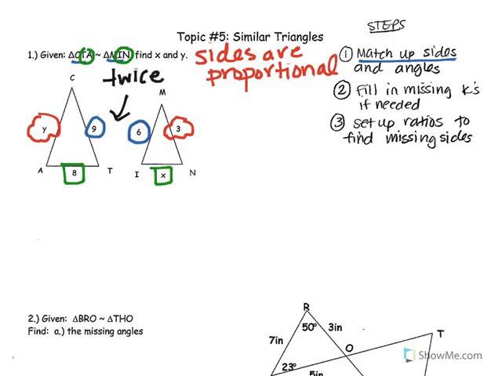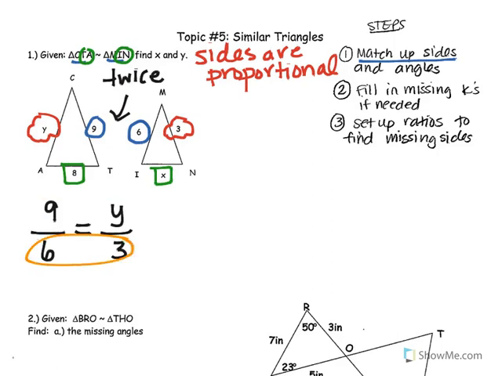So the ratio that I know is that the ratio of the sides is 9 to 6. Now if sides are proportional, the ratios have to be equal. So the ratio 9 to 6 has to be equal to the ratio of another side, y to 3. Be very careful, make sure that both of your numbers in the numerator of your ratios come from the same triangle, and here they do.